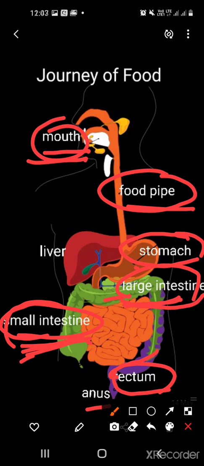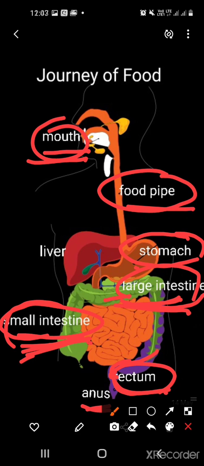And the extra undigested food goes to the large intestine, and then extra water is absorbed here, and then the undigested food is stored in the rectum before going out of the body through an opening, that is the anus. Fine. This is the journey of food, or the digestive system of a human body.